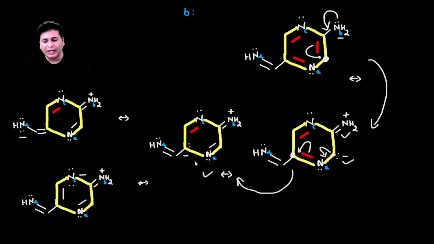Now once you realize that the minus charge and lone pair are staying at this carbon, you believe that it could go this way also because there is a conjugation minus, single, double. Or it may go this way also because again there is a conjugation minus, single, double. So both ways you have to draw the resonating structures.